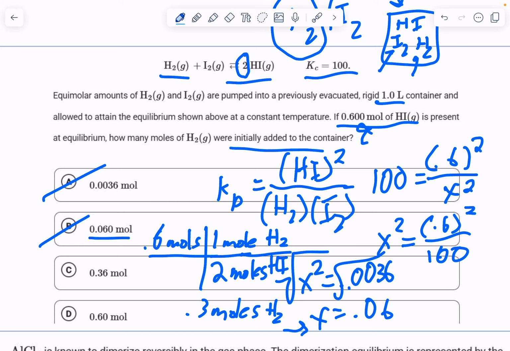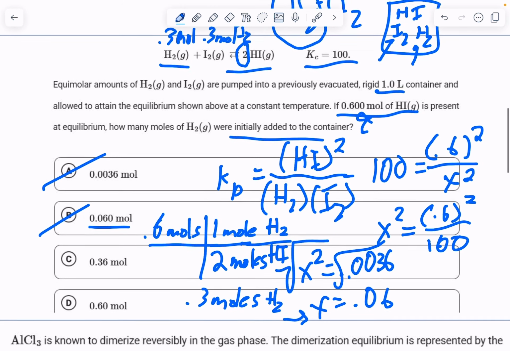So what I just did there is I figured out that if there's 0.6 moles of HI at equilibrium and there was none at the very beginning, those moles came from something. It came from the H2 and the I2. In fact, 0.3 moles of H2 and 0.3 moles of I2 went to make 0.6 moles of HI.